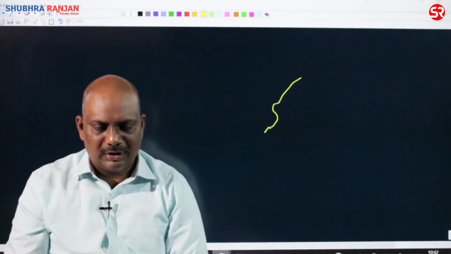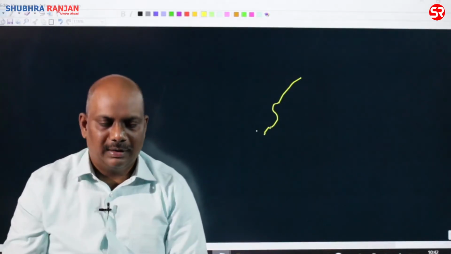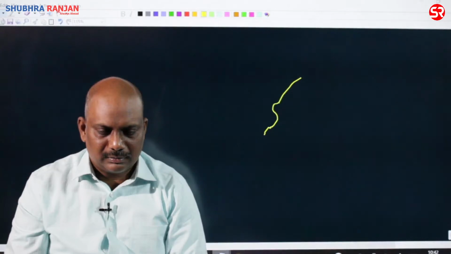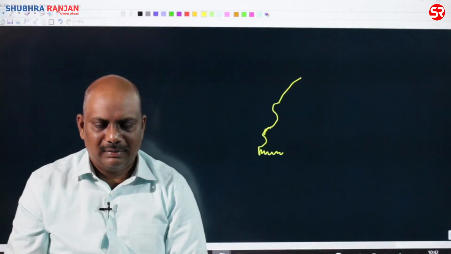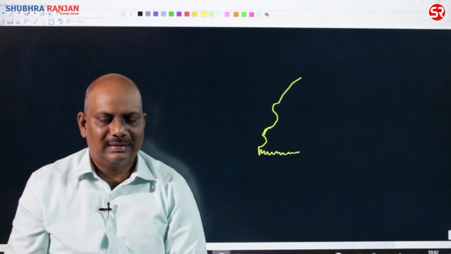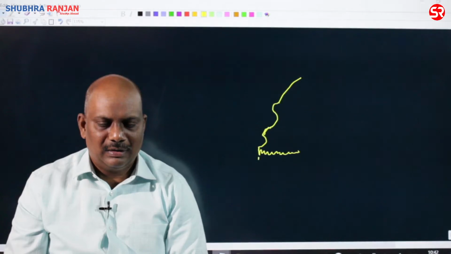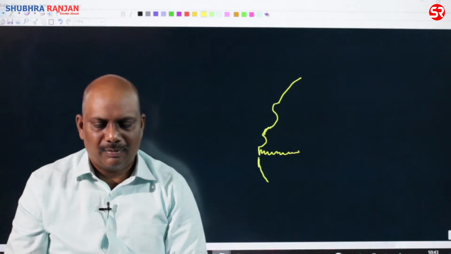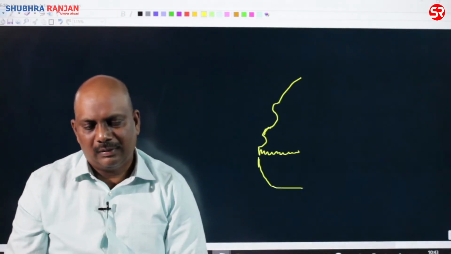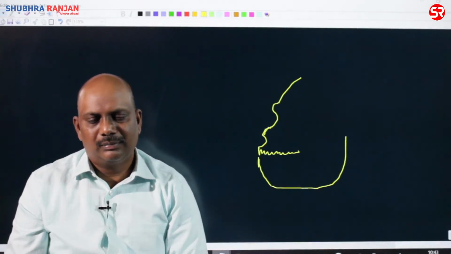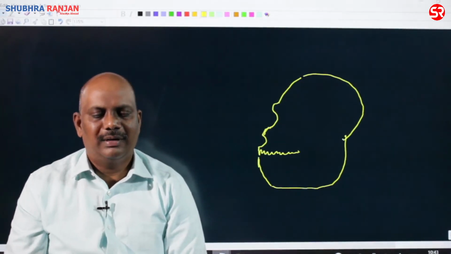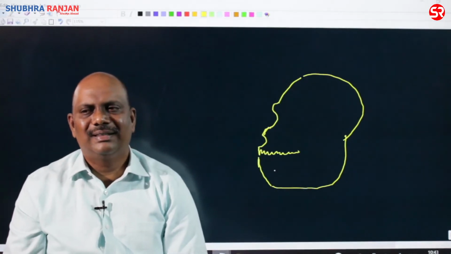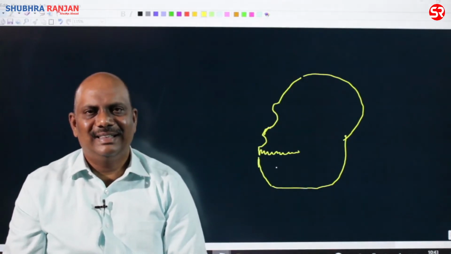Some portion of the nostrils. Again, one opening here. Then comes the upper jaw. And draw it like this. Then the large and massive lower jaw. And you can bring the head and keep it here. That's it. It's very easy, right?